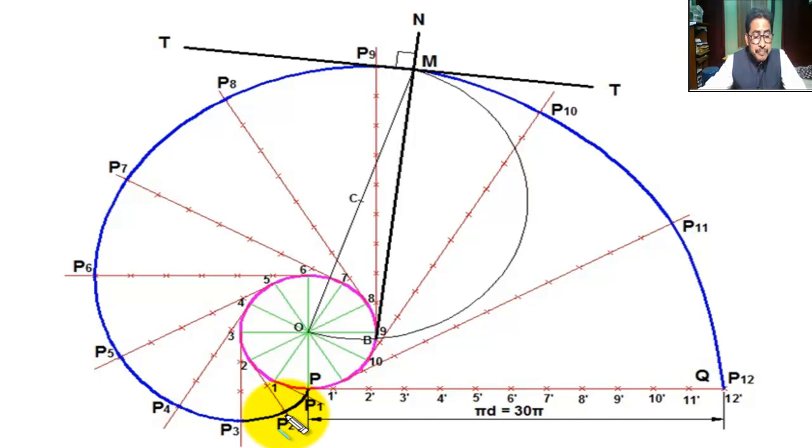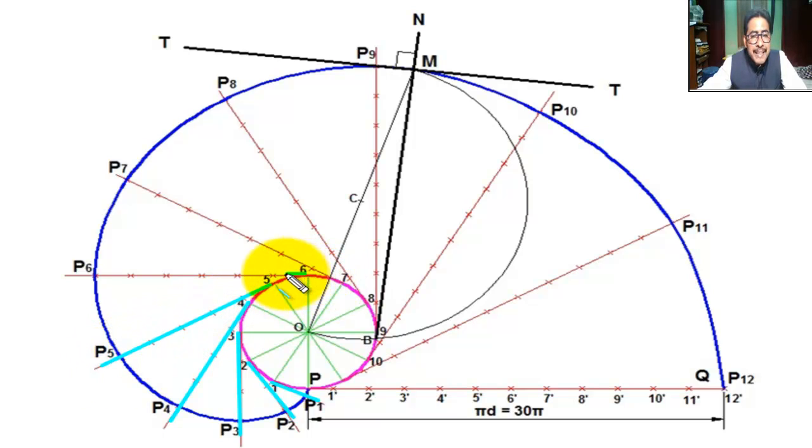Now draw a tangent from 1. We draw a tangent from 2. We draw a tangent from 3. We draw a tangent from 4. We draw a tangent from 5.